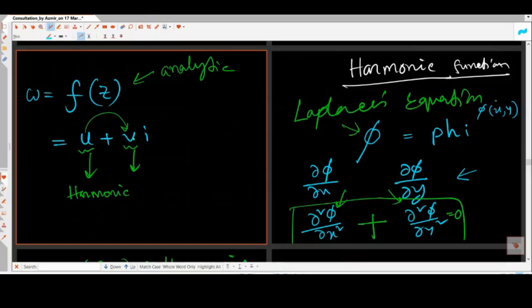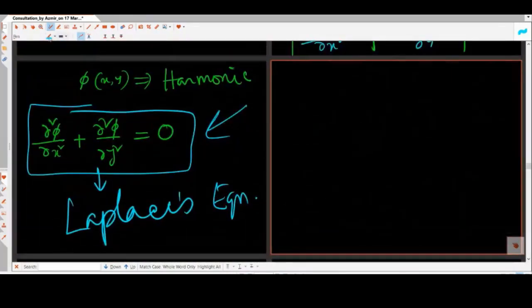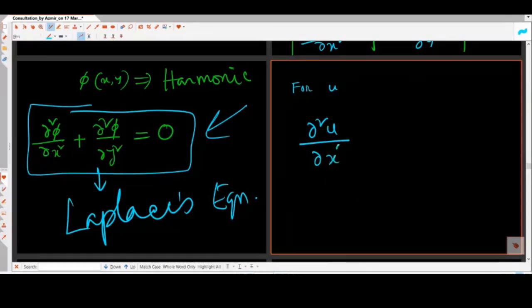Since u and v are harmonic functions, it is obvious that both u and v will satisfy the Laplace's equation. So for u, we can write the second order partial derivative of u with respect to x plus the second order partial derivative of u with respect to y equals 0.